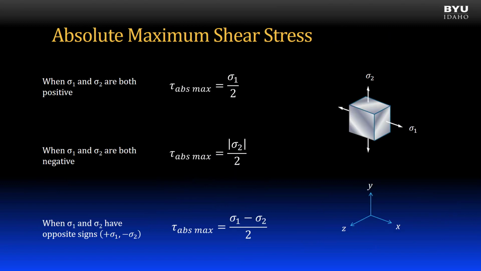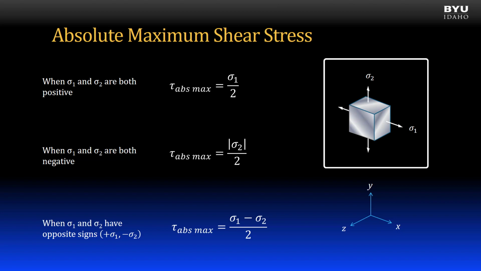While max in-plane shear stress yields the maximum shear stress in the plane of the stress element, absolute maximum shear stress considers all three dimensions of a plane stress element. For computing the absolute maximum shear stress, the principal stresses must first be known.